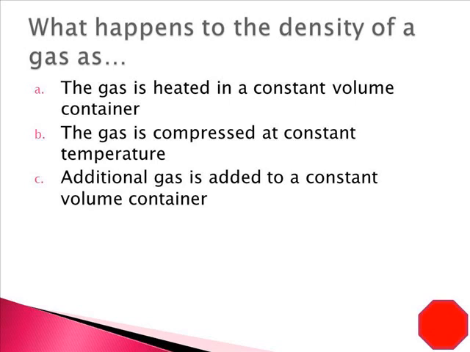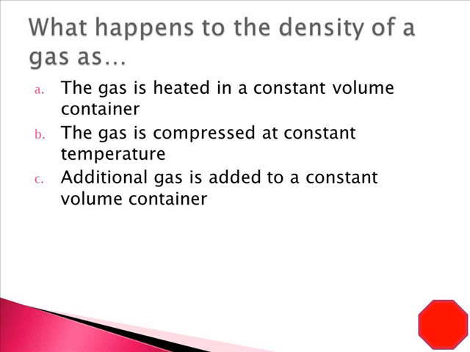We can also think about what happens to the density of a gas. And we're going to use the same three instances here to talk about the density. Remind yourself of what the equation for density is. Density is mass divided by volume. So the density of the gas only depends on those two things, the mass of the particles in there and the volume they contain.